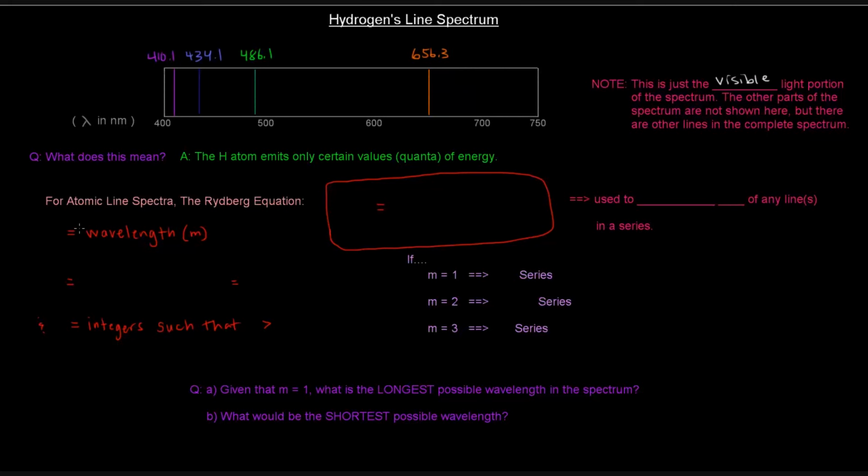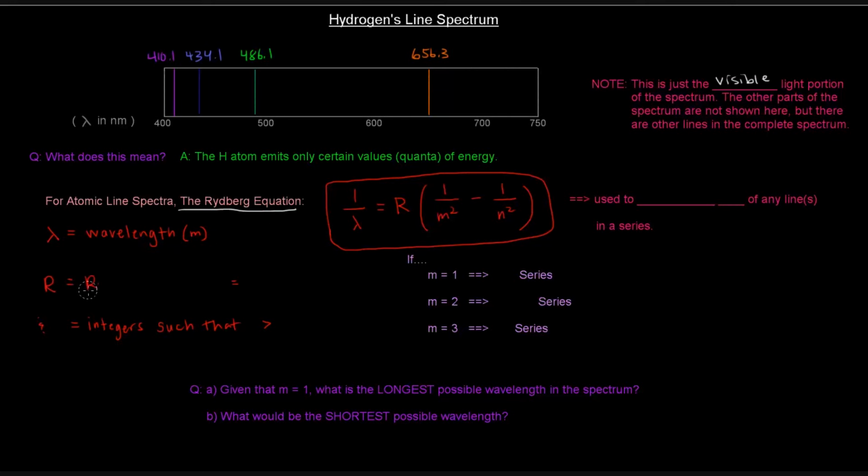So when we're talking about atomic line spectra, an equation that's often associated with it is the Rydberg equation. The Rydberg equation is this: 1 over lambda equals R times (1 over m squared minus 1 over n squared). So what is this thing? Well, lambda refers to wavelength in meters, which we've seen before. And R is new.